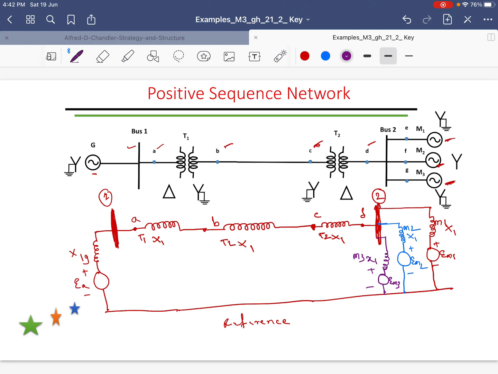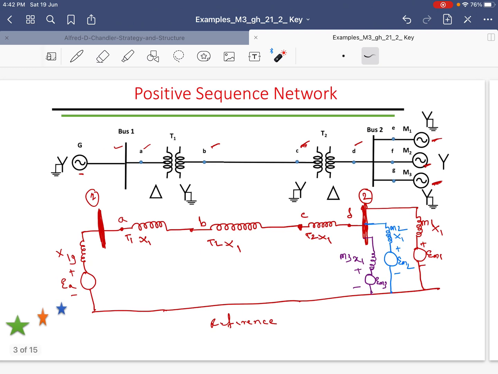Only the generator is represented by a source of voltage and its positive sequence reactance, whereas the motors are represented by a source of voltage and their corresponding positive sequence reactances. Then the transformers and the transmission lines are replaced by their positive sequence reactance. This is how we have to draw the positive sequence network for the given network.